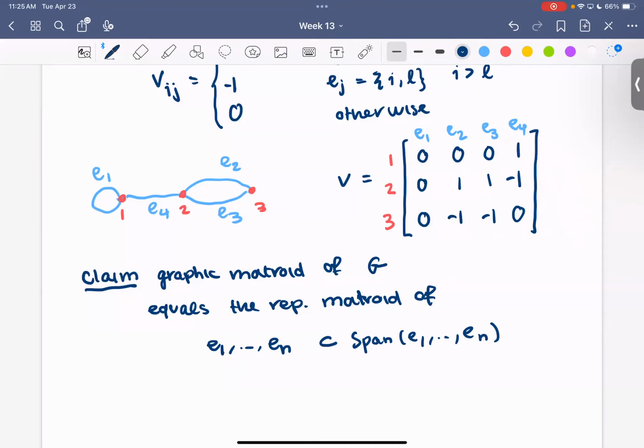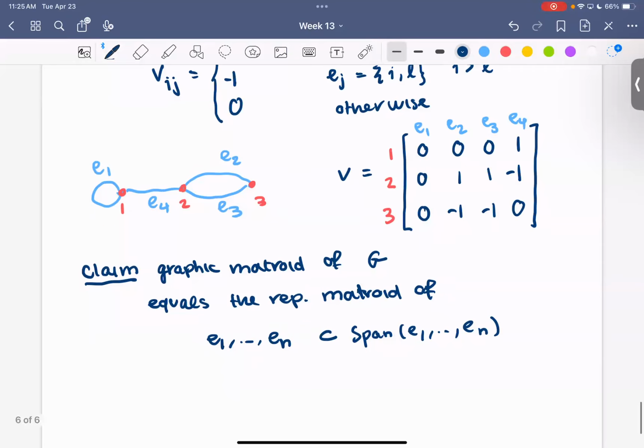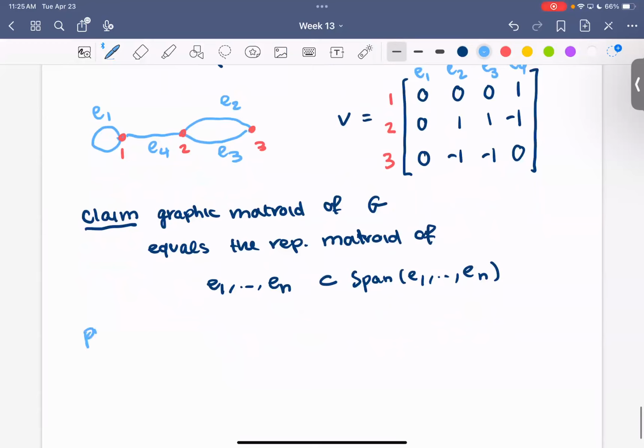Okay, I'm going to do a proof sketch, but not go too deep into the details, just so we can get to the other examples. For the proof sketch, I want to show that something is a spanning tree of the graph if and only if the corresponding vectors are a basis.